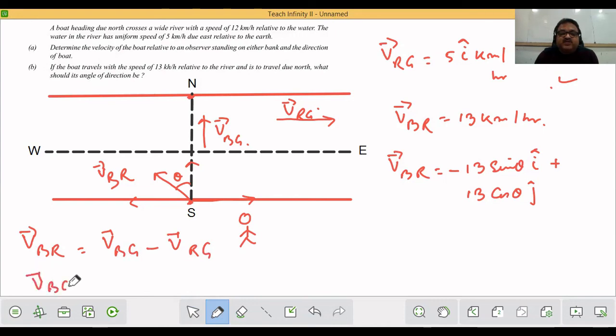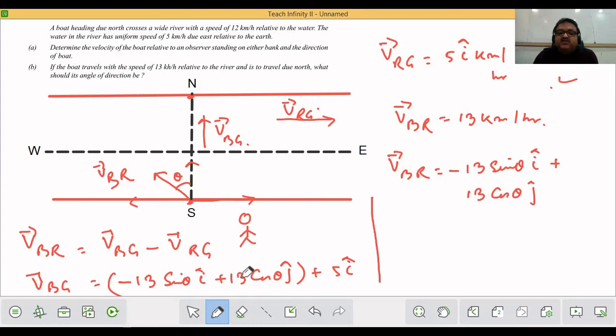It would be this plus this. That means minus 13 sine theta i cap plus 13 cos theta j cap, plus 5 i cap. Now you can solve it easily.